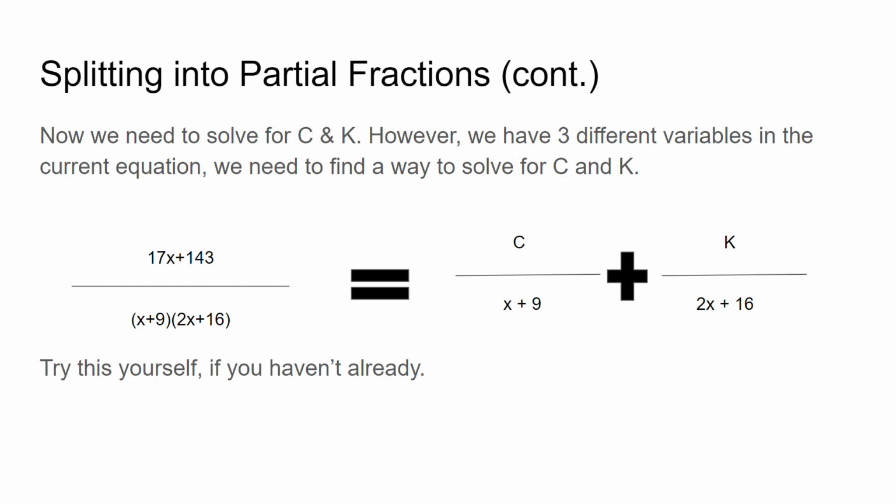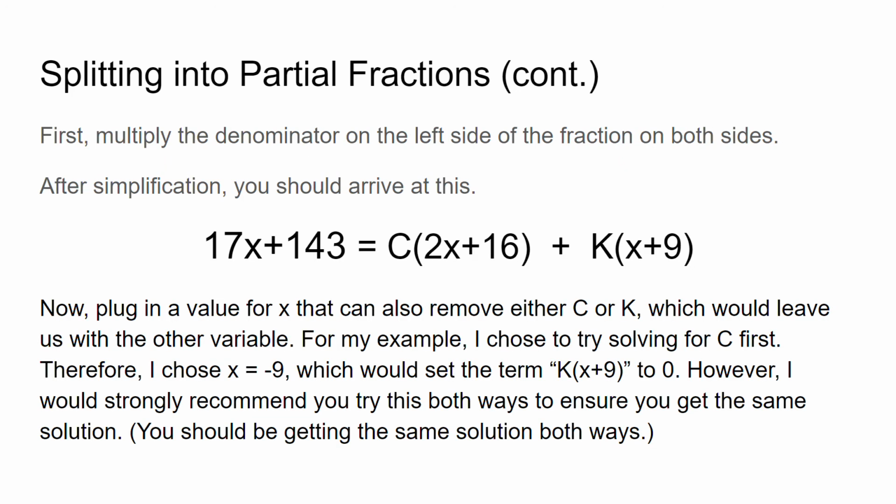If you guessed that multiplying the denominator on the left side of the equation was the correct answer, that is correct. That is what you should do. You should multiply the denominator, as I mentioned right here.